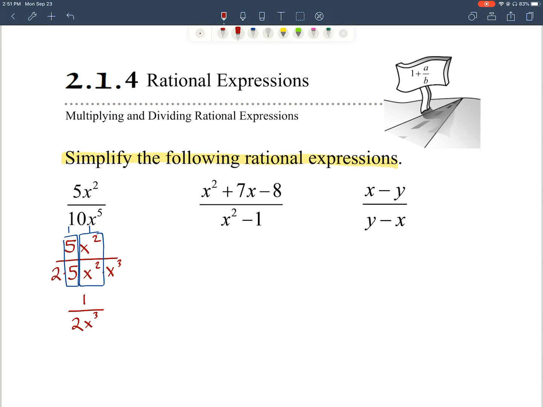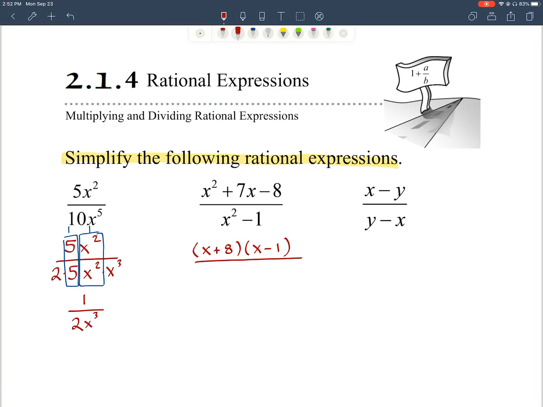The second one, we've got a trinomial, x squared plus 7x minus 8 over x squared minus 1. Well, just like I broke that first problem up into factors, we'll do the same thing with this one. Let's factor the numerator. The numerator should be x plus 8 times x minus 1.